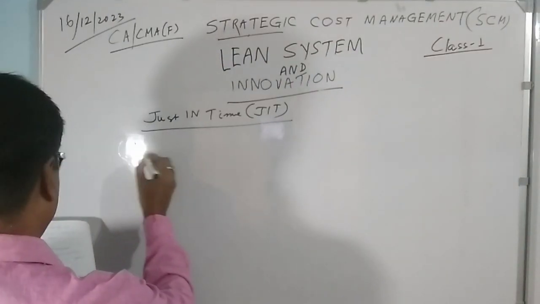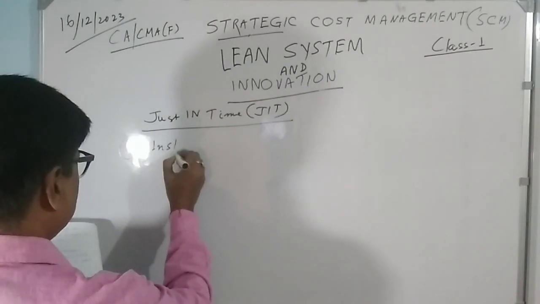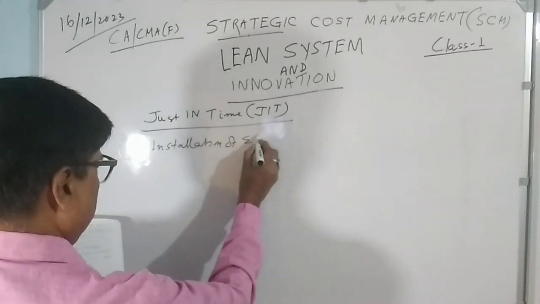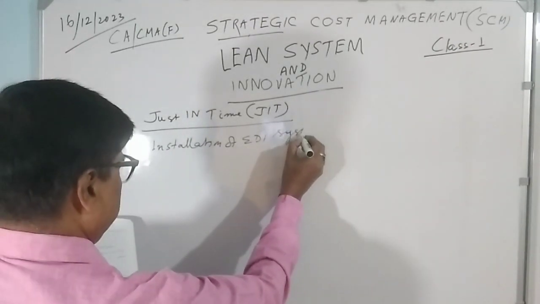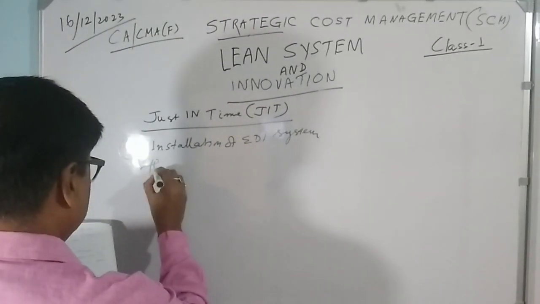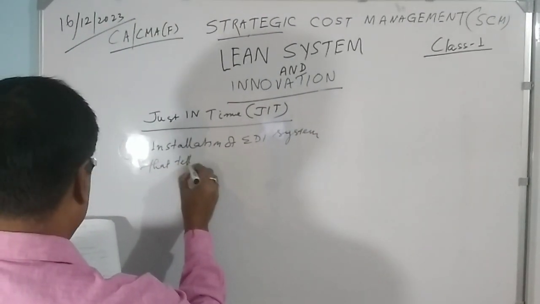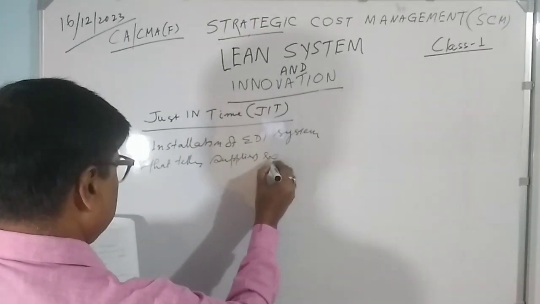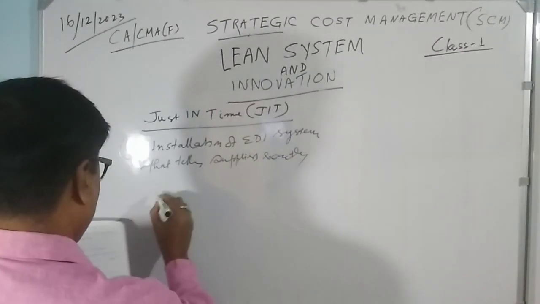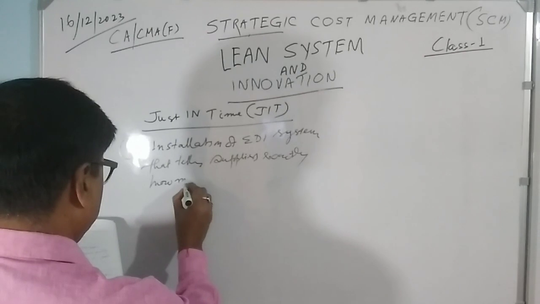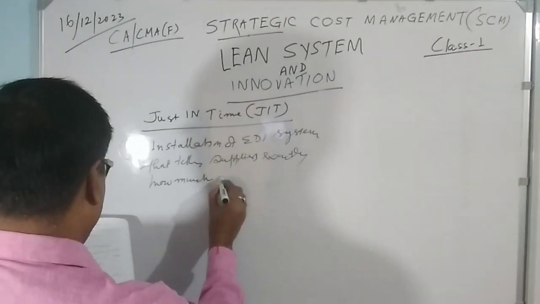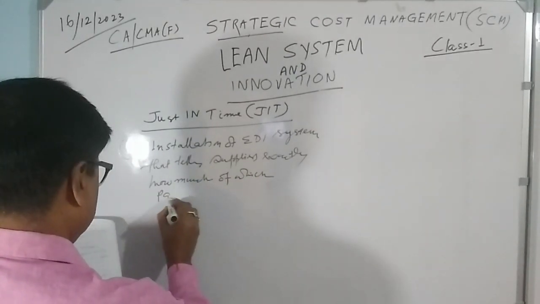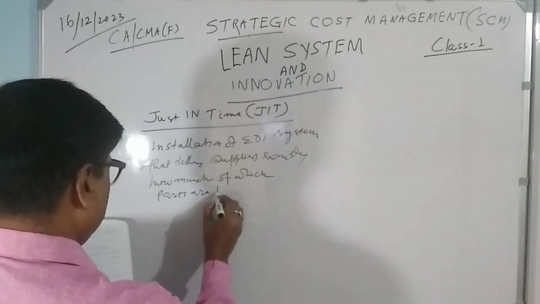Now the fourth point is coming: installation of an EDI system that tells suppliers exactly how much of which parts are to be sent.